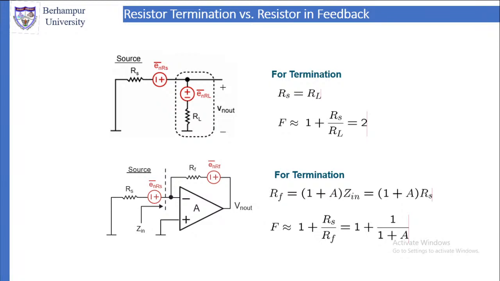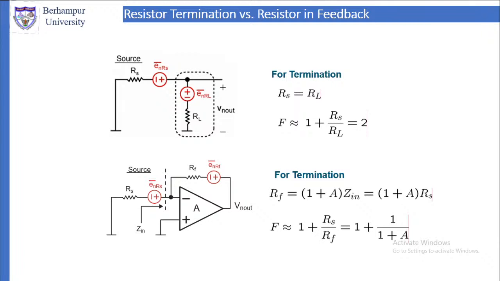Now, resistive termination versus resistor in feedback, which is better? Let us consider these two. First one is resistive termination. For termination, RS is equal to RL, F is equal to 1 plus RS by RL, which will be equal to 2 because RS is equal to RL. For the resistor in feedback, when we consider the termination, RF is equal to 1 plus A into Zin, which is equal to 1 plus A into RS.